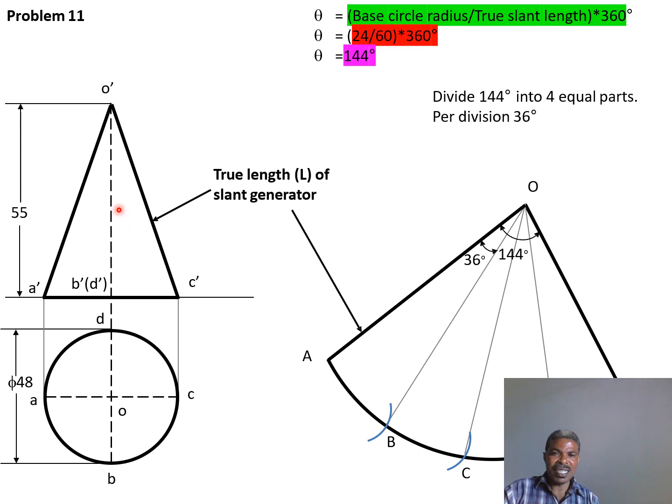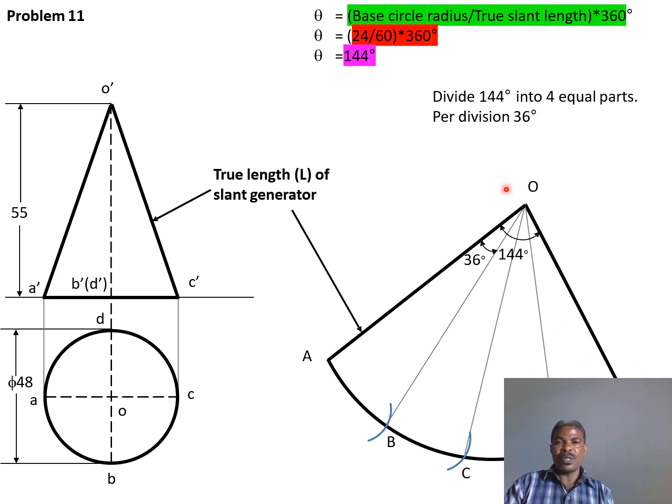Our cone is given. In order to achieve the development for our problem, we need to note that in order to achieve the angle for our total development, the angle which will give us the arc length A to A. How do you get the arc length for our problem?